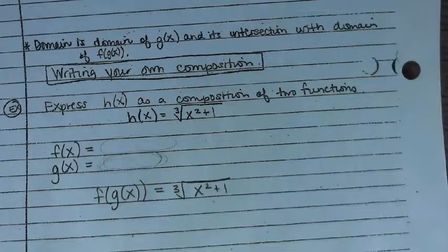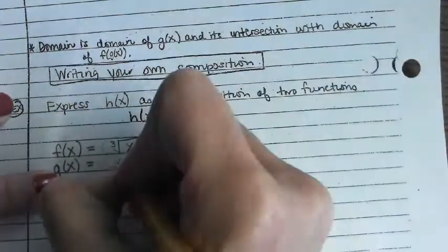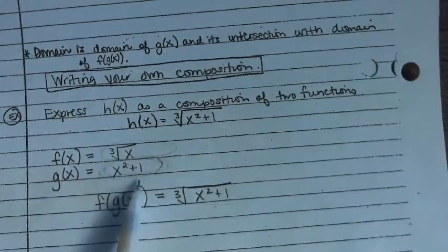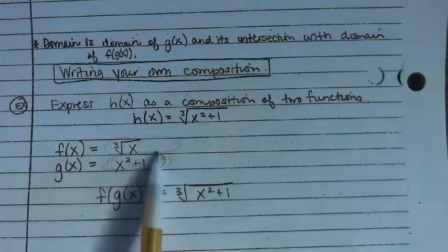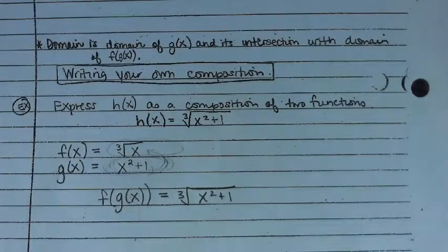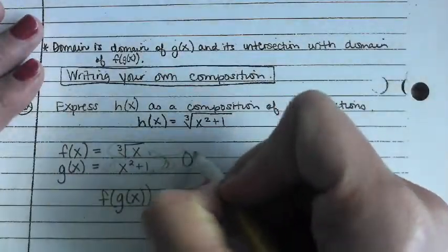Lily W., do you have something? Let's see how we like that. So if g of x is the x squared plus 1, f of g of x would mean take this and plug it into the x up there. Cubed root of the x squared plus 1. Good? Nice. There's one option. Anything else? What else could we do?